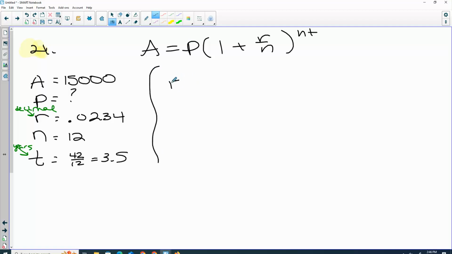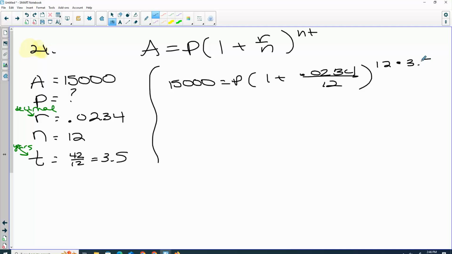A, 15,000. Well, P, we don't know. 1 plus 0.0234 over n, to the n times t power. All right. My suggestion to you is you can evaluate all of this. You're going to have some decimals.